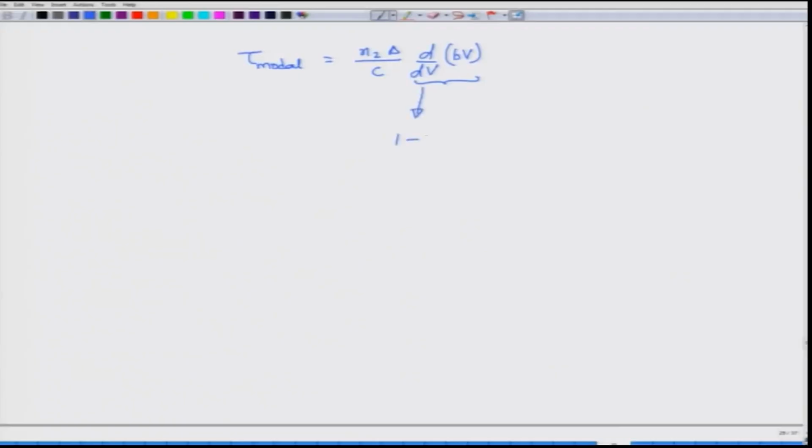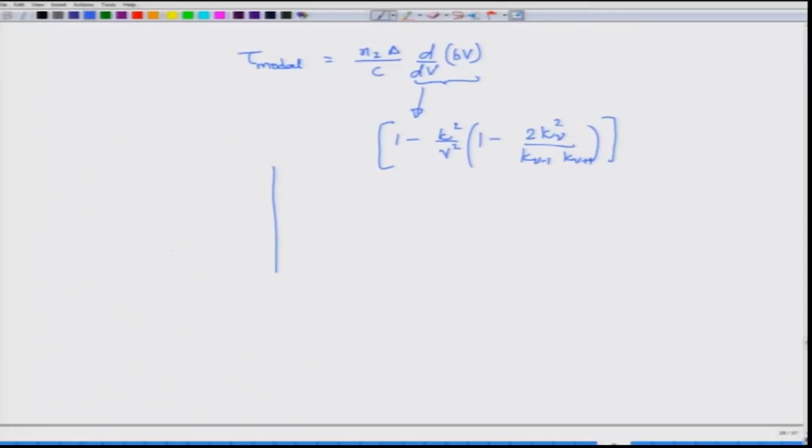For example, one approximation is 1 minus kappa square by gamma square, and I do hope you remember what kappa and gamma are, times 1 minus 2 kappa nu square divided by kappa nu minus 1 times kappa nu plus 1. Please note that nu minus 1 and nu plus 1 are the orders of the modes we are talking about. So, this derivative itself can be approximated this way.